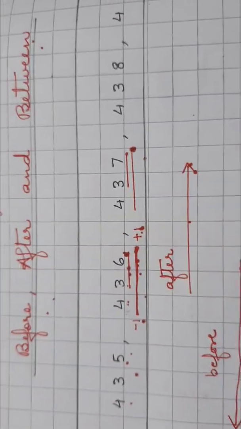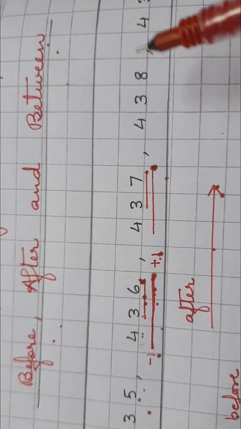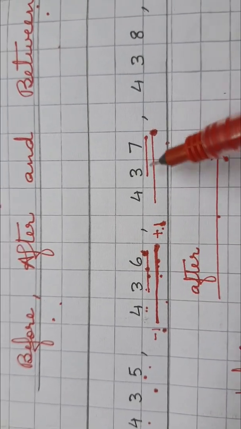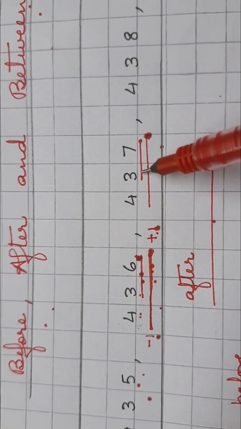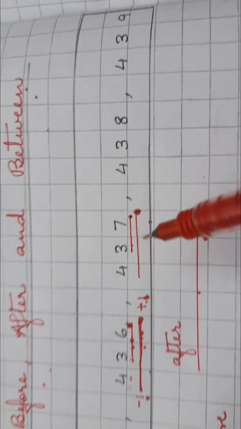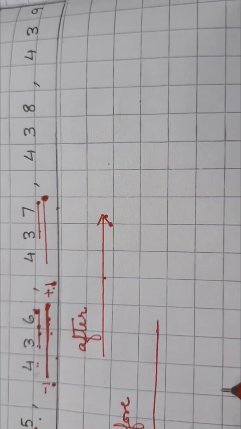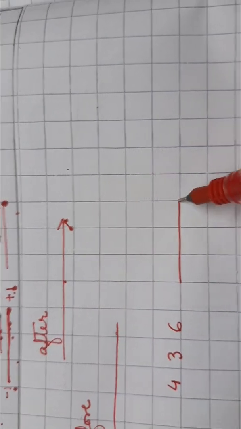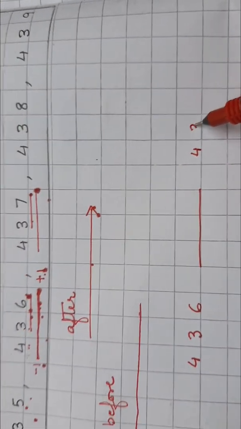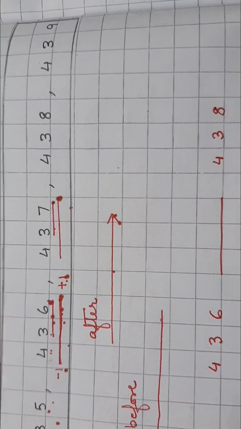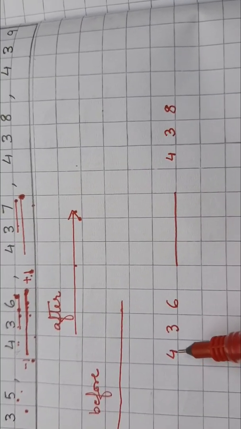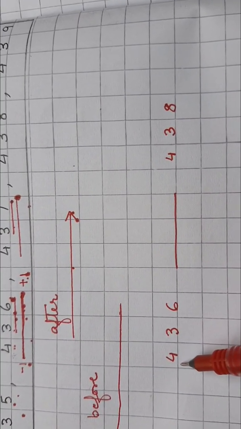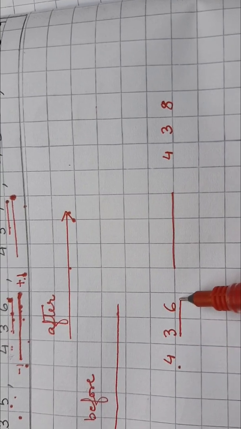Now to find the number which comes between, we can take the example of 437 and let's see. Now here, read the number 436.